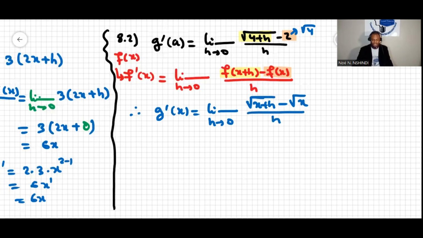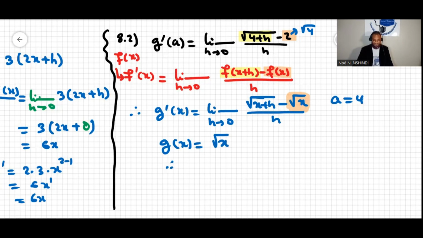The reason a is equal to 4, you can see that a being equal to 4, that's why they substituted 4 over here, 4 over here, and 4 over there, and square root of 4 is 2. So then we can say this is g of x in this formula, in this question. So I can say g of x will be just square root of x.